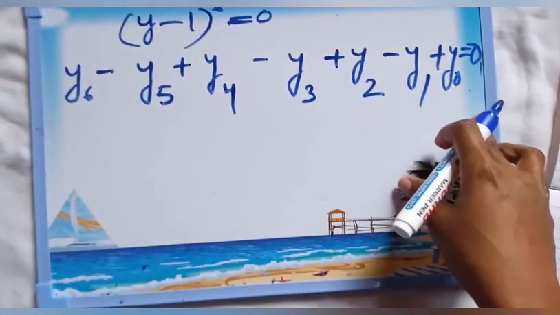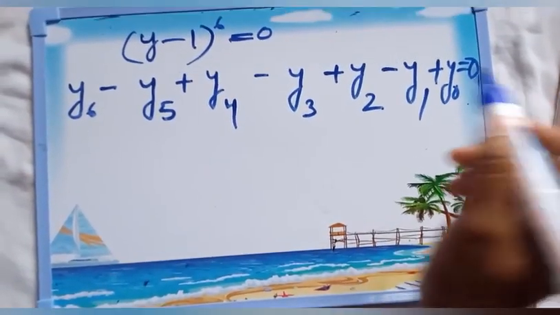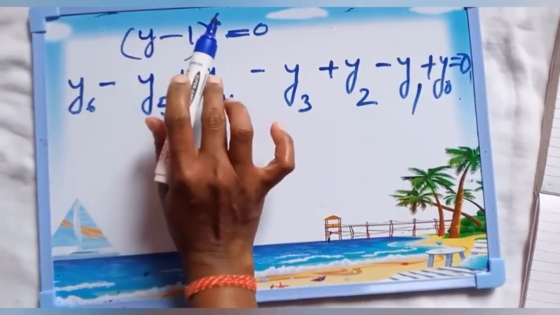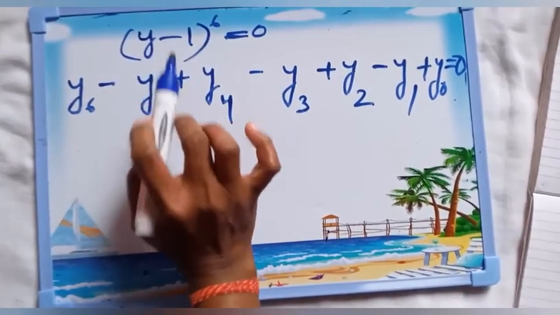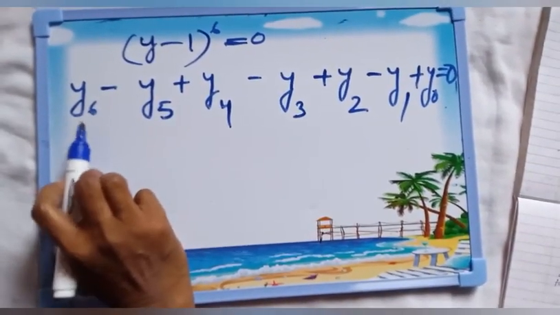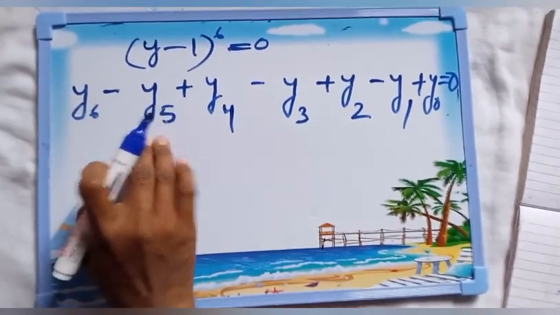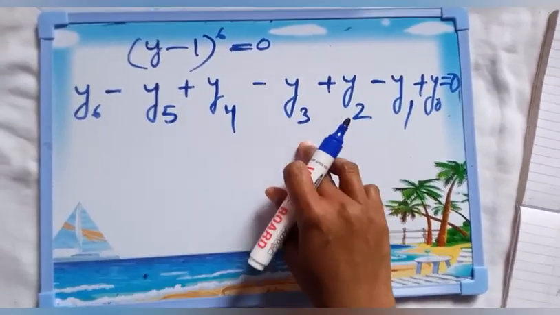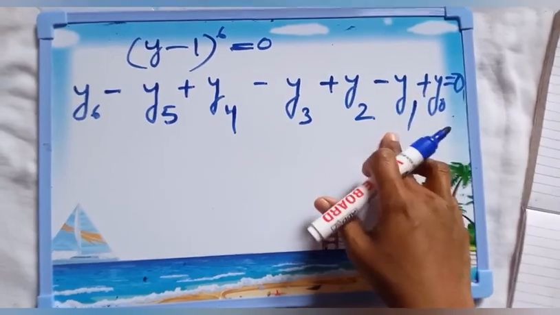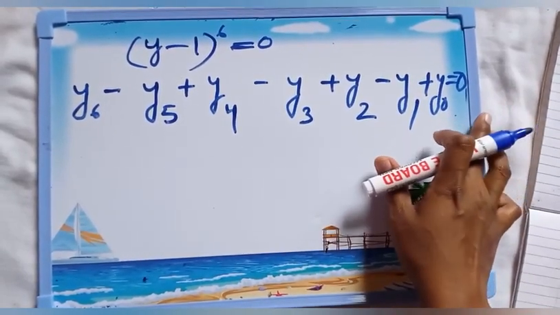We write the equation like this because of the power 6: first y6, next y5, y4, y3, y2, y1, and y0 is equal to 0.